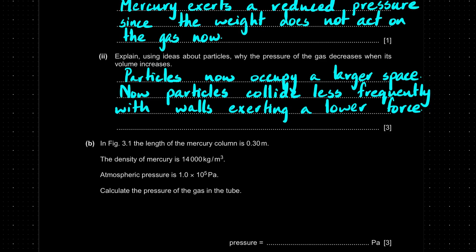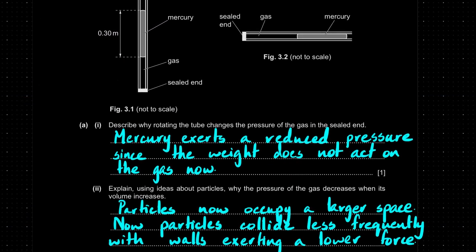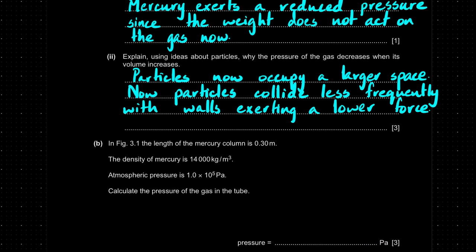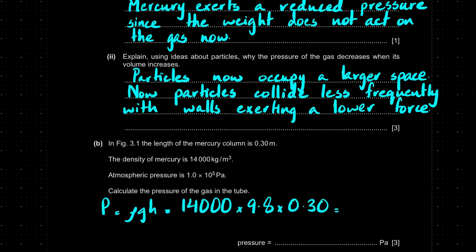And again, if the gas is in this position, if it's not being compressed any further down, this means that the gas is also exerting an equivalent pressure upwards. So first let's find out the liquid pressure, which is rho gh. Rho is 14,000, in the new syllabus g is 9.8 and h is 0.3 meters.